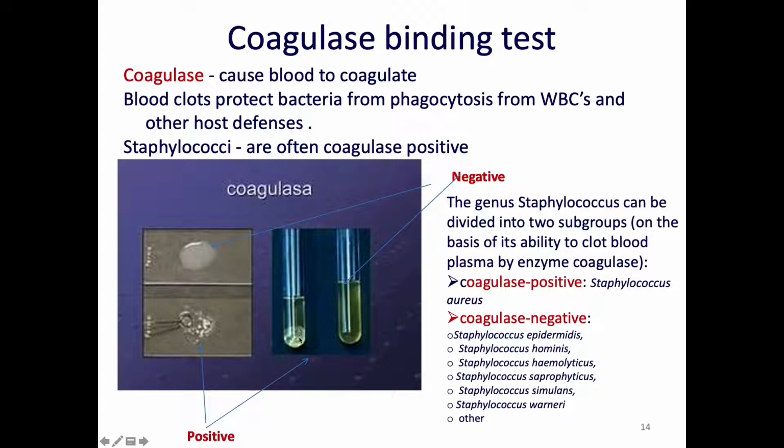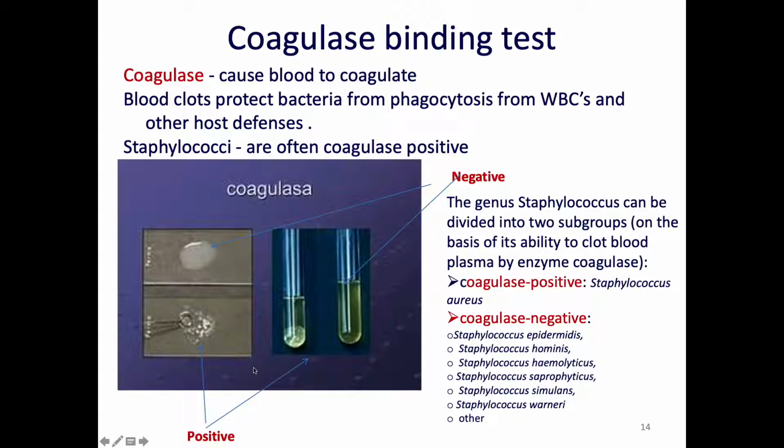This means that this particular strain is coagulase positive. If the serum remains transparent or remains evenly turbid, this means that Staphylococcus does not have coagulase activity. So it is coagulase negative.